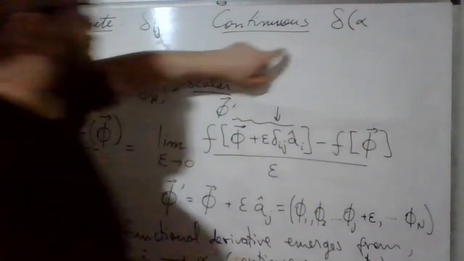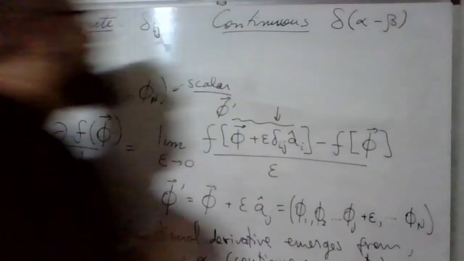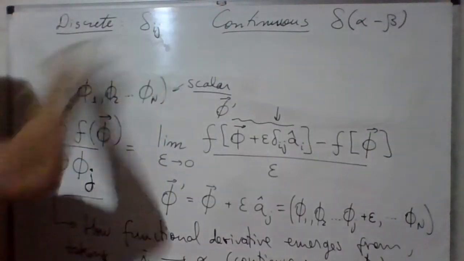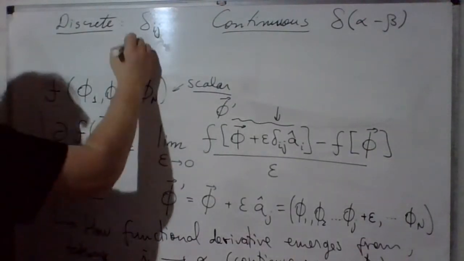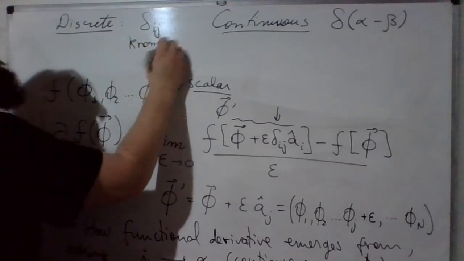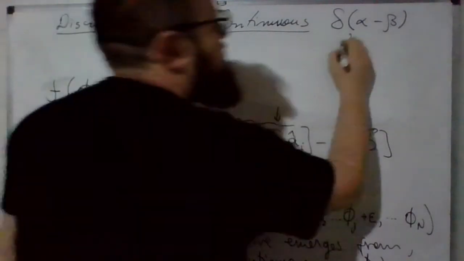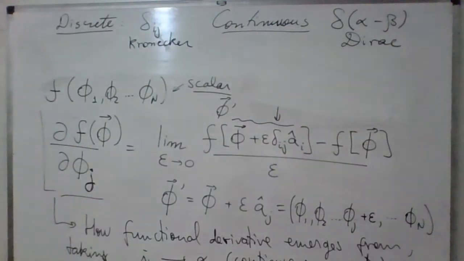Suppose the index I was using alpha, so alpha minus beta in replacement of I and j. So this is Kronecker, this is Dirac delta function.